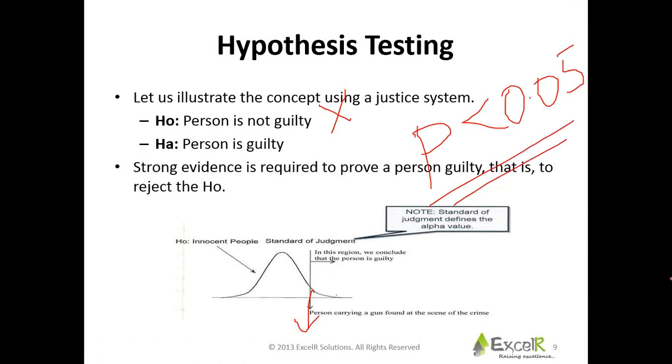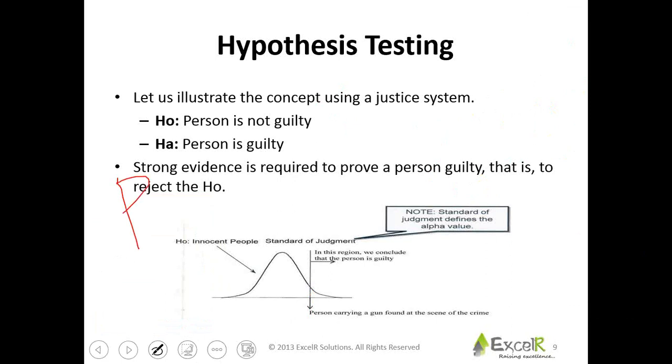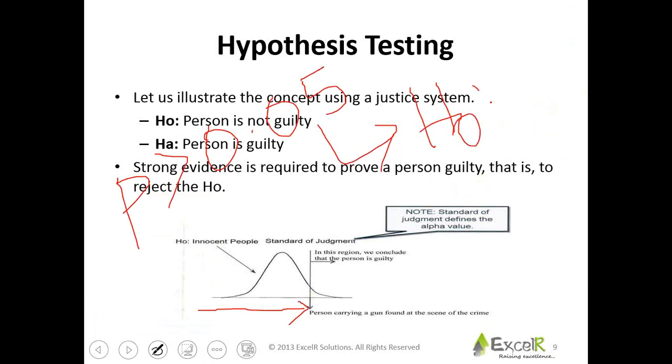All right. So when do you accept your null hypothesis? You accept your null hypothesis when the p-value is greater than 0.05. So from here till here, you are continuously telling that p is greater than 0.05. As long as you say p is greater than 0.05, you are accepting the null hypothesis.